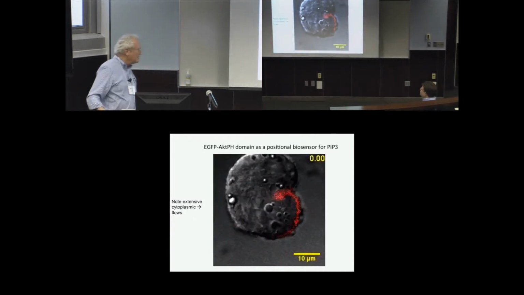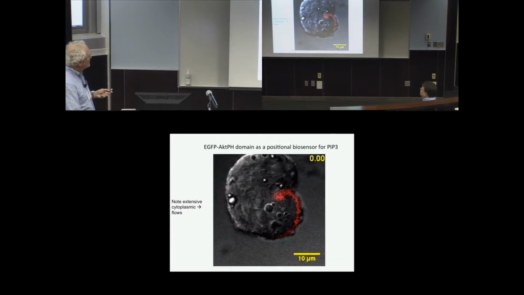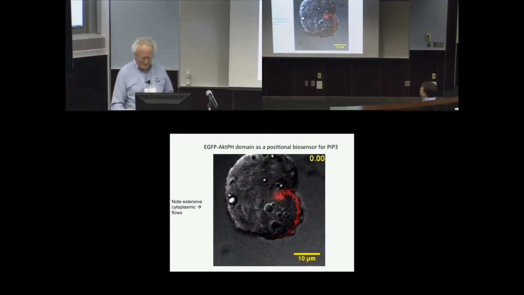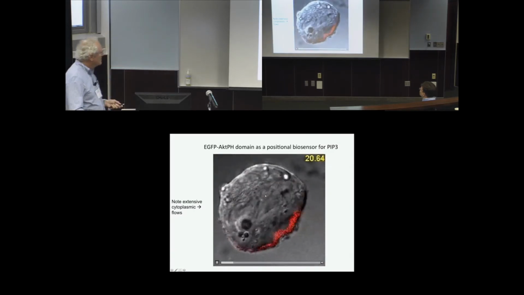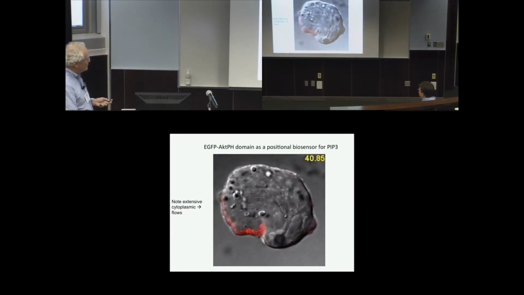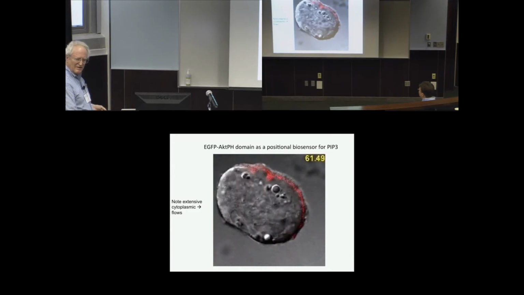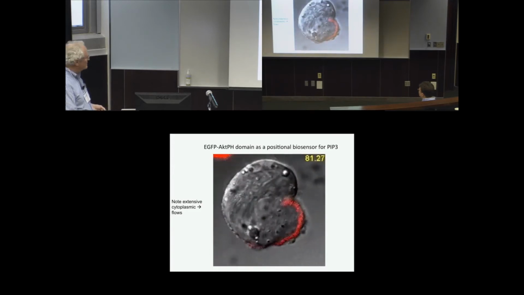And indeed, if you take another positional biosensor, AKT pH domain tagged to EGFP, which recognizes PIP3 in the inner leaflet, you will see that it tracks this traveling wave. And you'll also see extensive cytoplasmic flows in this movie. So another thing theory has to predict eventually is these immense cytoplasmic flows in this phenomenon.